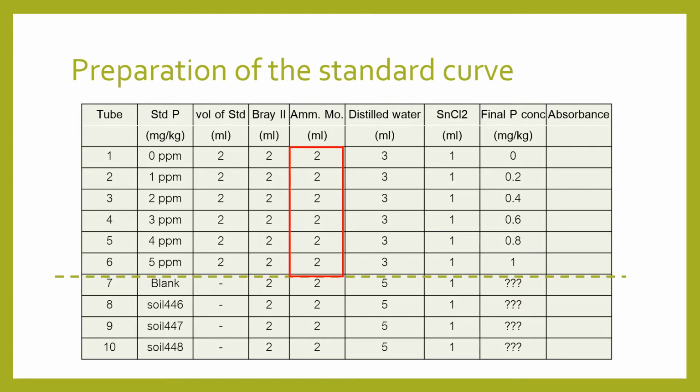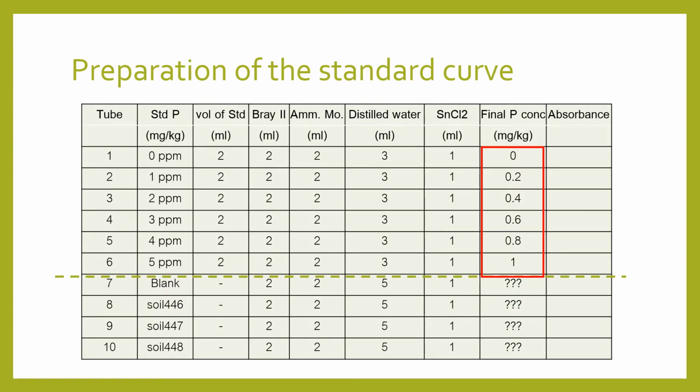After that, we will add 2 ml of ammonium molybdenum, and then add 3 ml of distilled water to each tube. Finally, we will add 1 ml of dilute cyanide chloride solution. Then shake it. So the final concentration of each tube is 0, 0.2, 0.4, 0.6, 0.8, and 1 ppm of phosphorus.